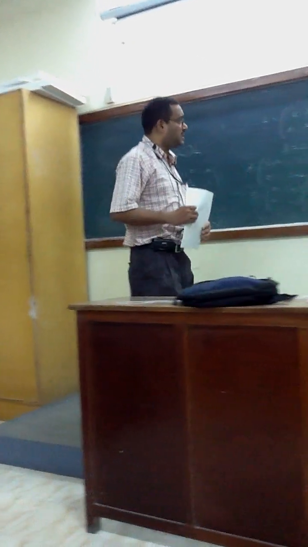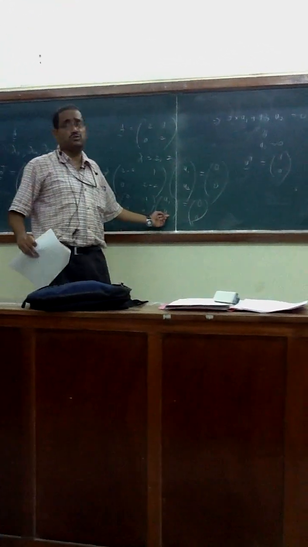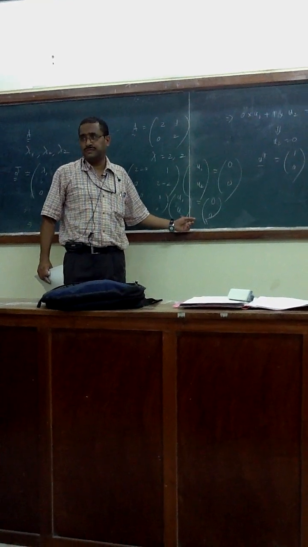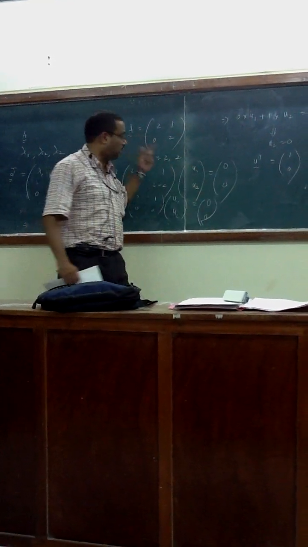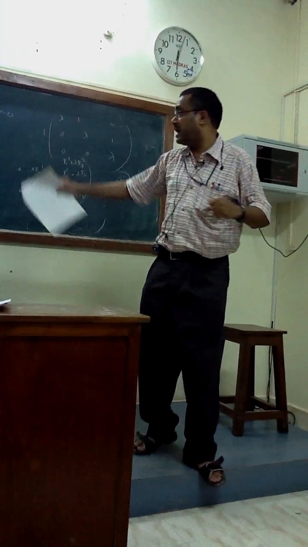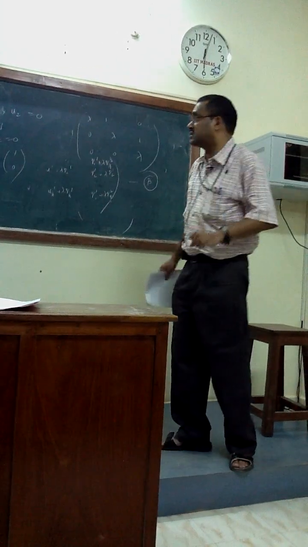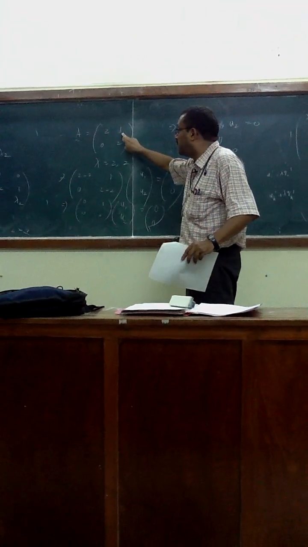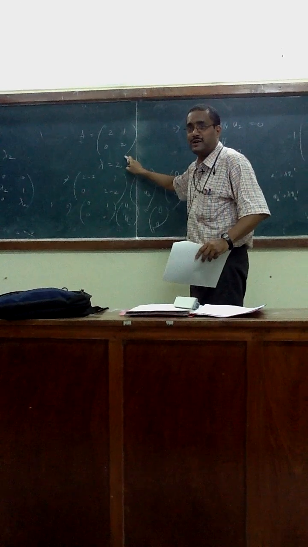Now, how to find the generalized eigenvector? The dimension of the null space equals 1. That means it is impossible to find another eigenvector. Impossible, because when you have a diagonal matrix, you found that the rank was 0. That was easy. Here the rank is not 0. To get rank 0, you have to put 0 here. If you put 0 here, again this matrix will become a diagonal or symmetric matrix.